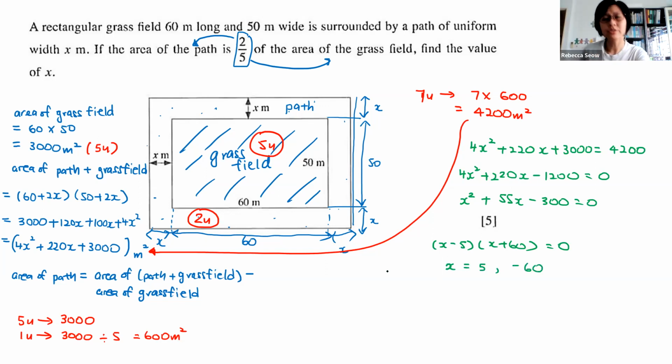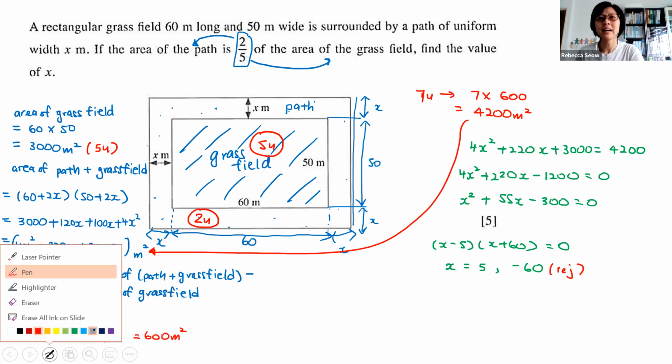And as usual, I will have to ask myself, is there a value of x that I need to reject? Well, you might ask, perhaps so, since this question is a question of length, of area, of width, perhaps the negative component of x should be rejected. And I agree so, because we do not have any form of length or width or area that is negative.